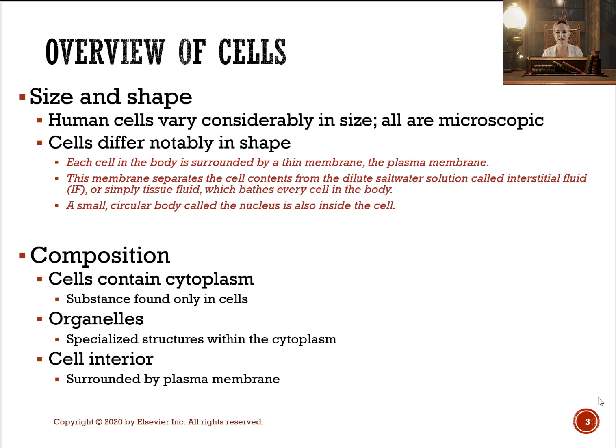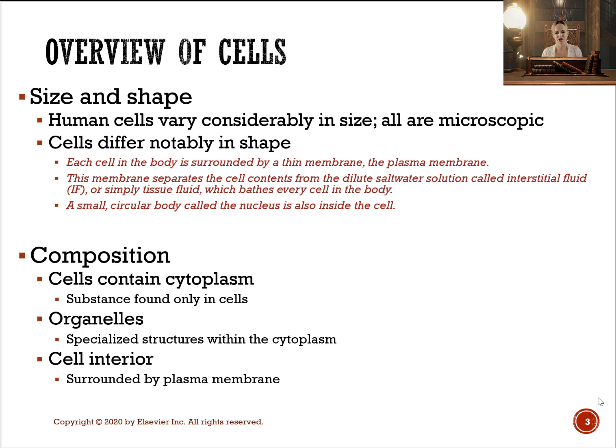This membrane separates the cell contents from the dilute saltwater solution called interstitial fluid, or IF, or simply called tissue fluid, which bathes all of our cells. A small circular body called the nucleus is also on the inside of this cell, and as we go through this, you're going to learn more about how important this nucleus is.